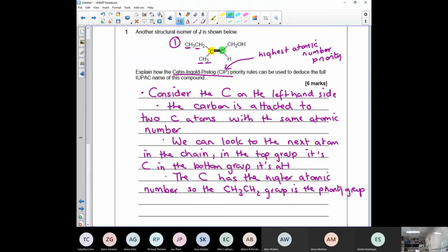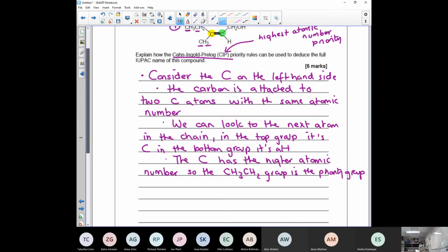So at the top we've got a carbon, at the bottom we've just got a hydrogen. So we can see straight away that the top group will be our priority group because carbon has a higher atomic number than that hydrogen.